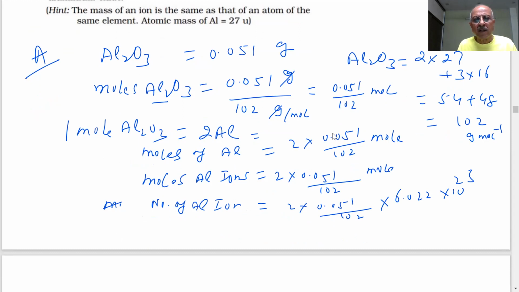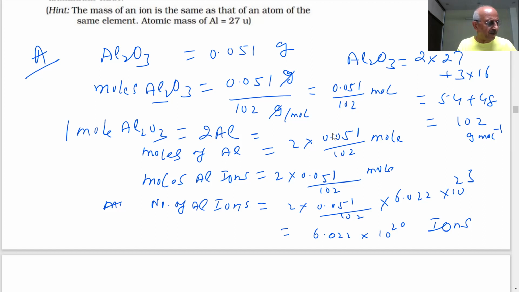Okay? That will be the number of aluminium ions. Calculate this value, students. It may come around 10 power 20 ions. Is it clear? Yes, sir.